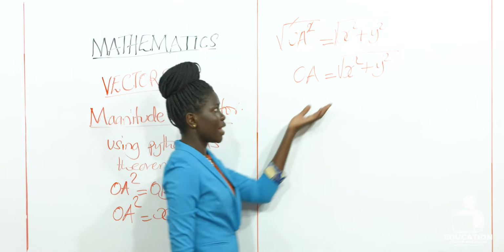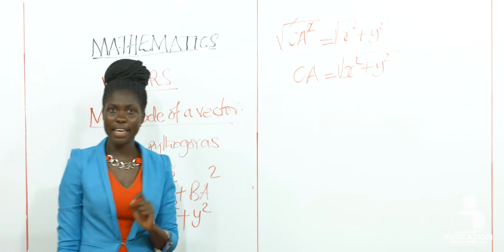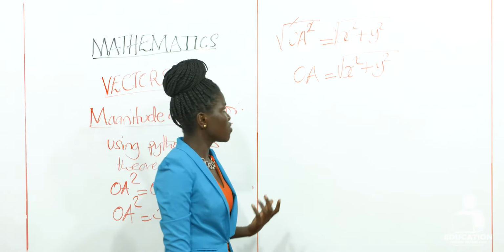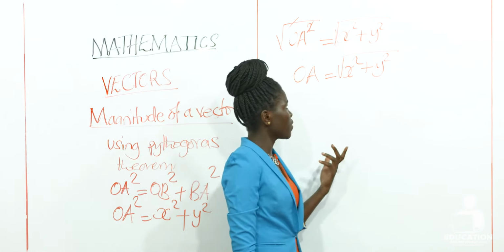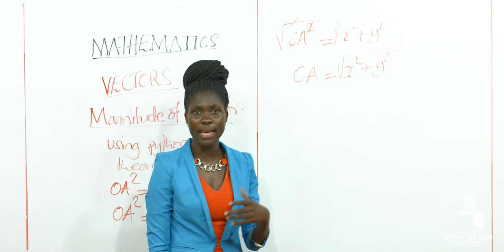So this is the formula that's going to help us to find the length or the modulus of any given vector. When asked to find any length, first of all, you need to know what are the values of the two directions being asked for.